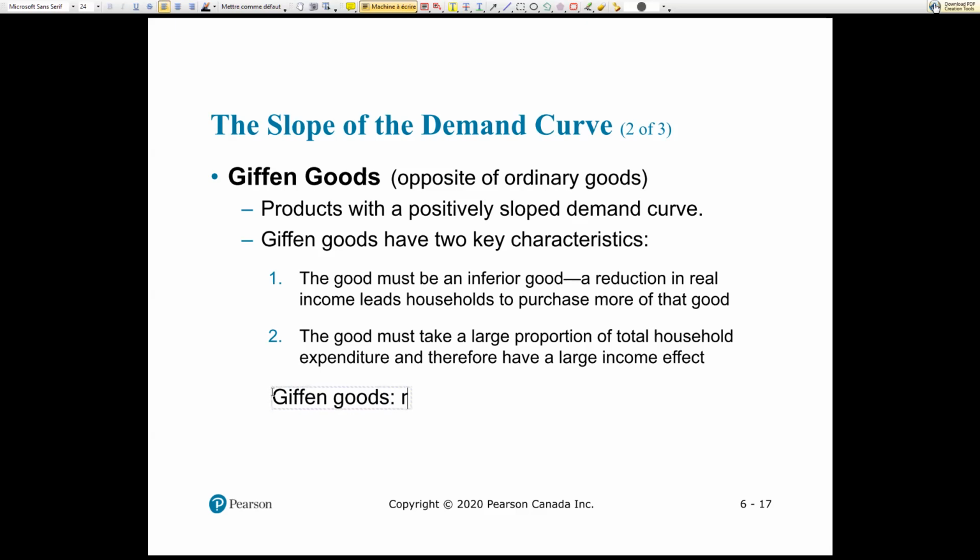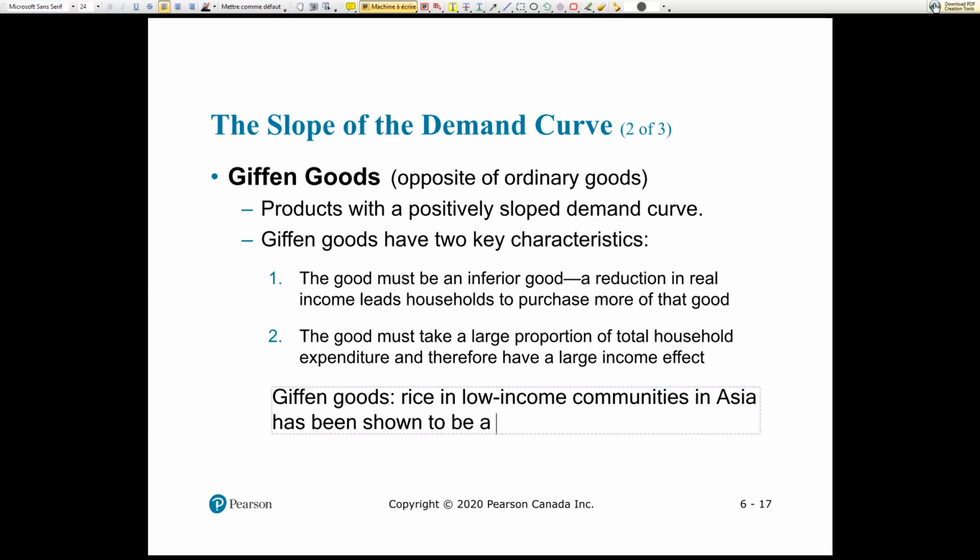Rice in low-income communities in Asia has been shown to be a Giffen good.